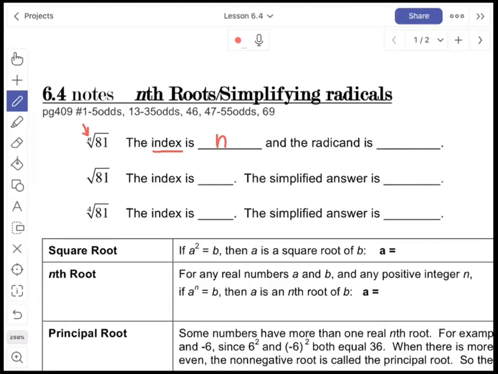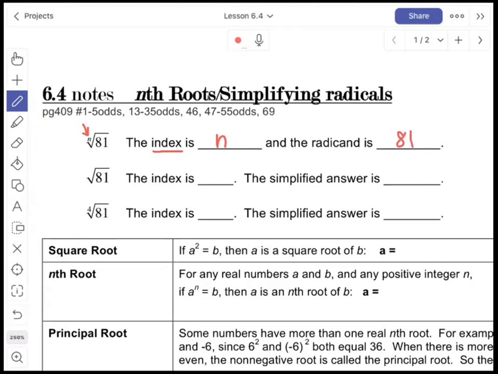Put what is in the house in the chat box now. There we go. Good, you guys got it. So the radicand is 81. Good job, everybody who put 81.